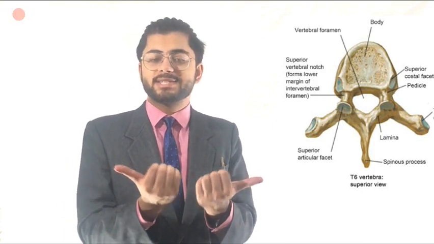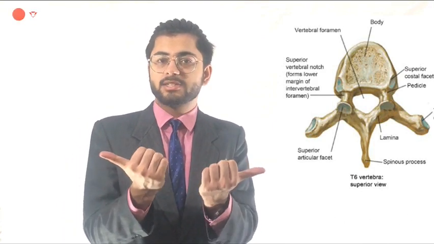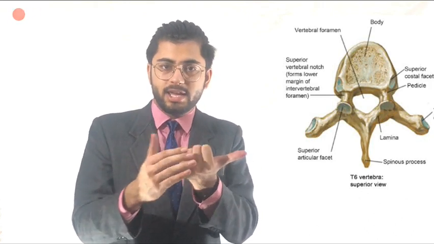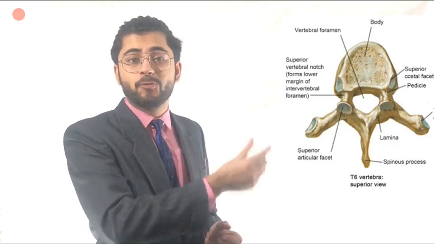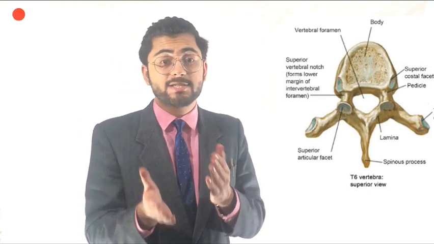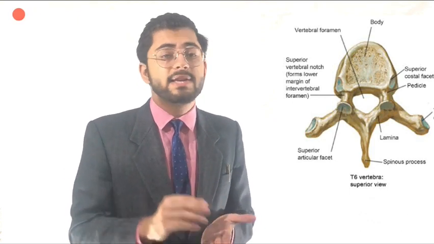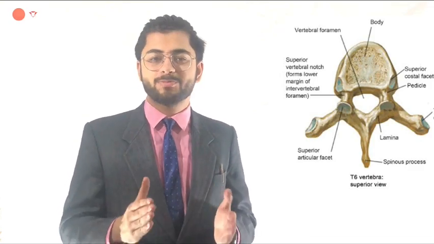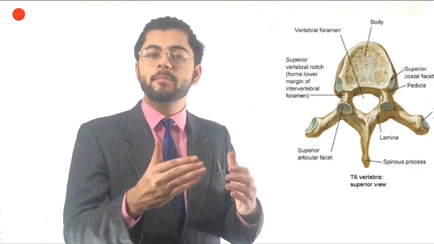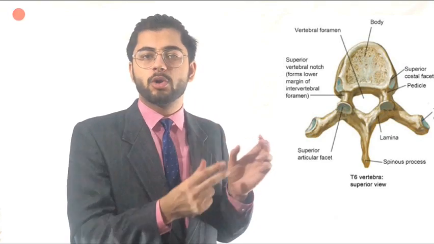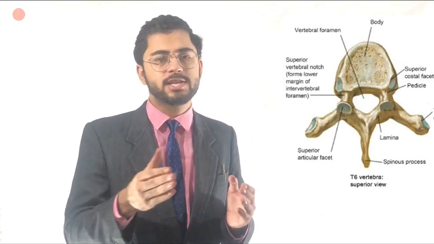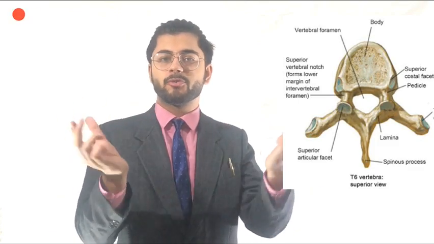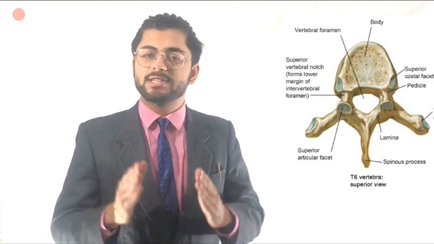On both sides of the vertebrae we have two projections called the transverse processes. The vertebral bodies also have demi-facets on both sides. This is a special feature of the thoracic spine which others do not have, because others do not have ribs. In the thoracic spine you have ribs, so to connect them there are demi-facets on both sides. Demi means sort of half. The ribs connect to the demi-facets and go to the front.